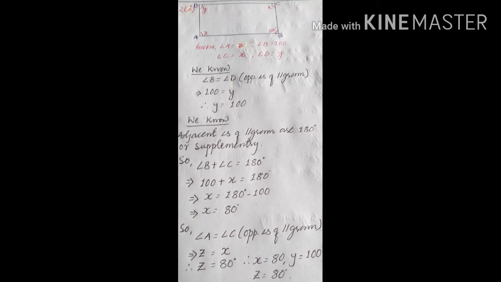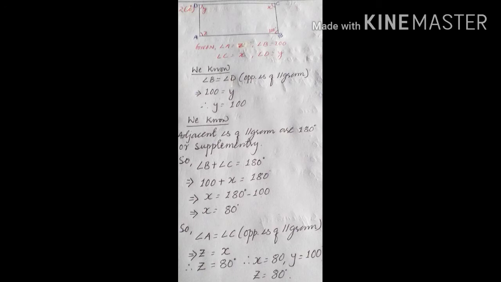So angle A, which is our Z, equals X. Angle C is X. Angle Z equals angle C. The value of X we got, that is 80 degrees. Therefore X equals 80, Y equals 100 and Z equals 80 degrees. Clear?